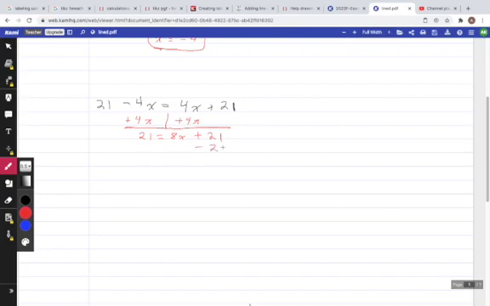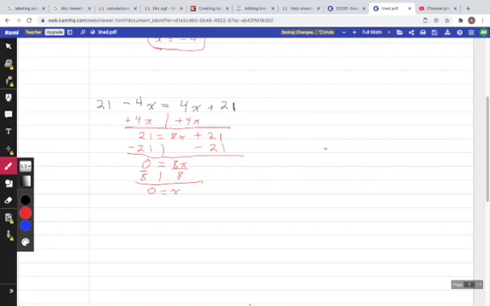Then we subtract 21 from both sides of the equation, and we get 0 is equal to 8x. Again, we subtracted this because we're moving backwards through the order of operations. Then we divide both sides by 8, and we have 0 is equal to x.